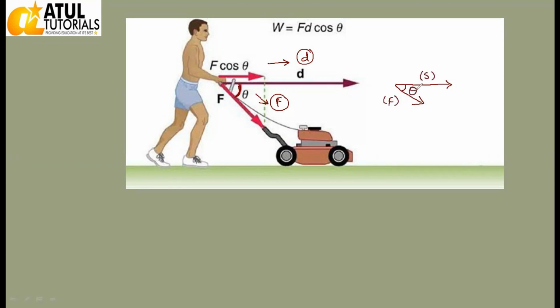And this angle is denoted by letter theta, like this. So if there is an angle between force and displacement, we can calculate work done by using this formula. That is, work done is equal to F into S or D, both the letters you can use, F into S into cos theta. So this formula is used when there is an angle between force and the displacement.